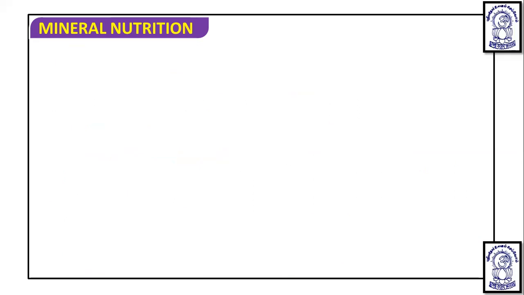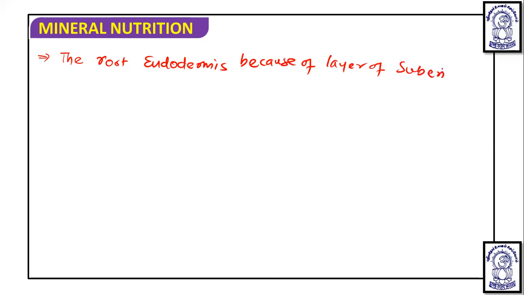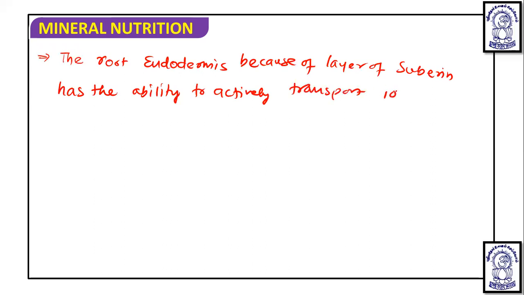And specifically in the root endodermis, because of a layer of suberin, it has the ability to actively transport ions in one direction only.